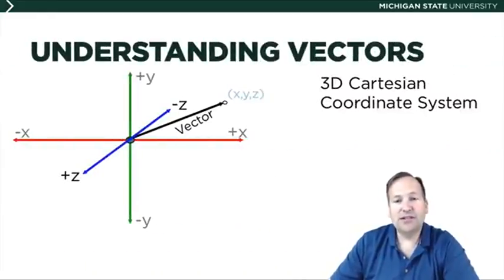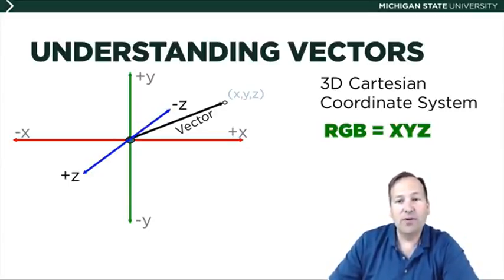So just as a nice aside, the visual representation of the coordinate system, the x, the y, and the z, is shown in the same colors as we see in Unity 3D. So the x-axis is red, the y-axis is green, and the z-axis is blue. One quick way to remember these is RGB equals XYZ.